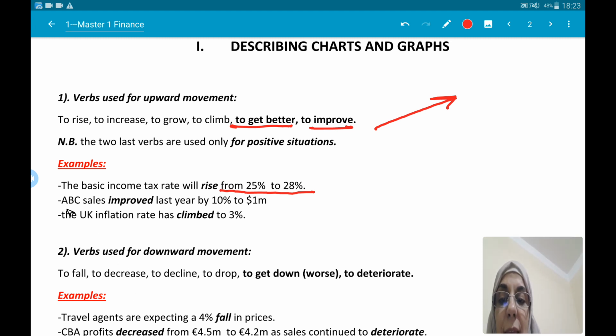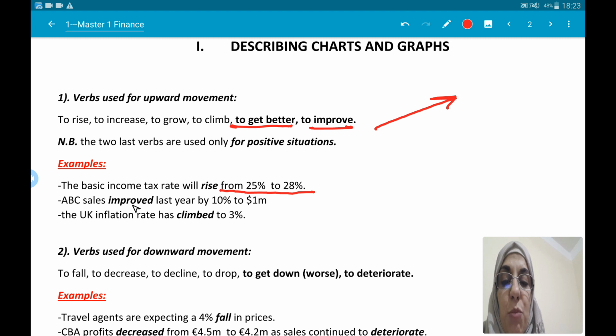Second example, ABC sales improved last year by 10% to $1 million. Well, improved. Why have we used the past simple tense? Simply because we have the expression last year. So we should use the verb in the past tense. And since it's a regular verb, we have only one possible spelling, which is the addition of ed at the end.